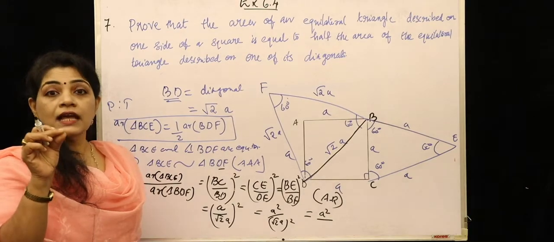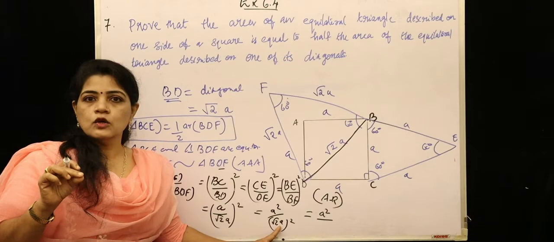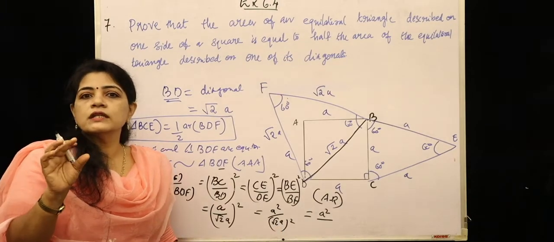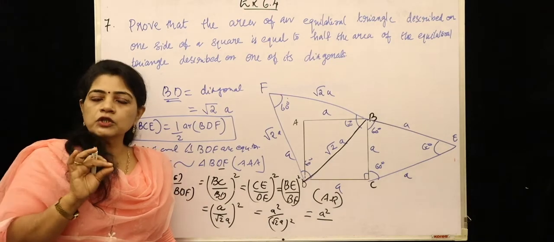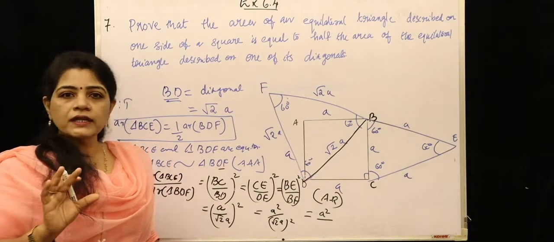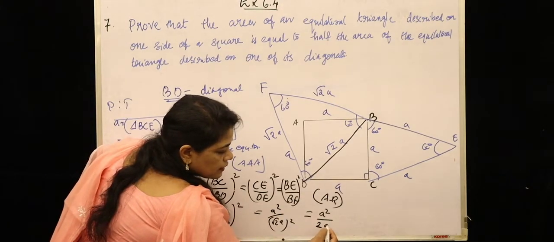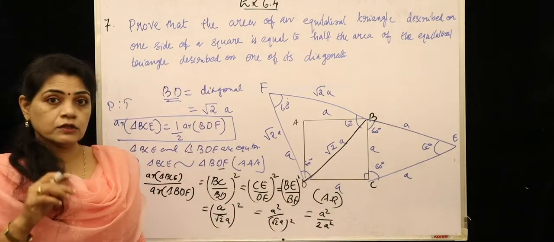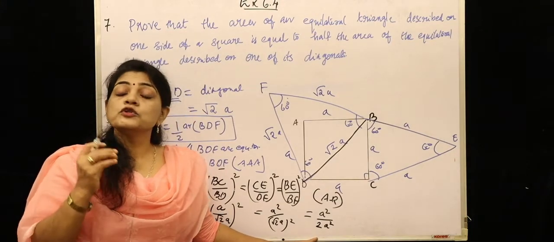(AB) whole square is A square into B square, so we have to square both factors. Root 2 square is 2 itself, since root x into root x is x. So 2, and you have to square A also. So now you have A square divided by 2A square.